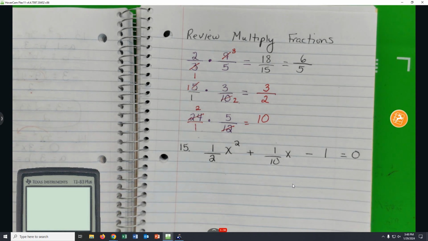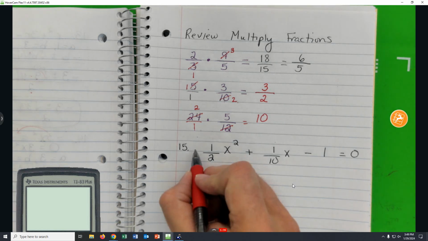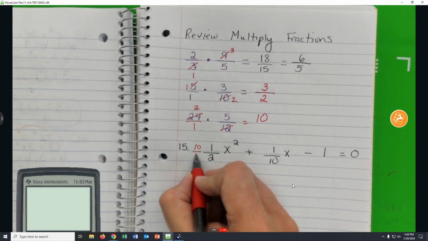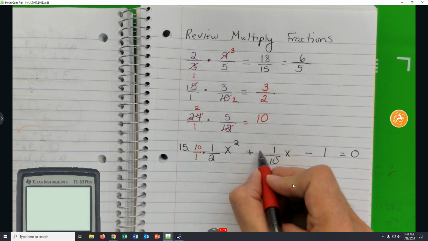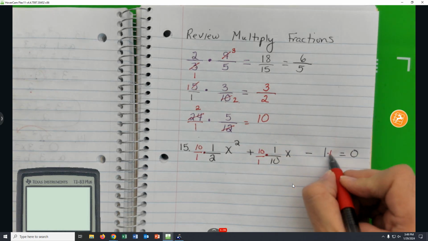What number could I multiply straight through by that'll cross-cancel with both of these numbers? Not a 2. What if I put a 10 here and here? 10 and 2, do I have a fraction then? If I multiplied straight through by 10, even the 1 gets multiplied by 10.